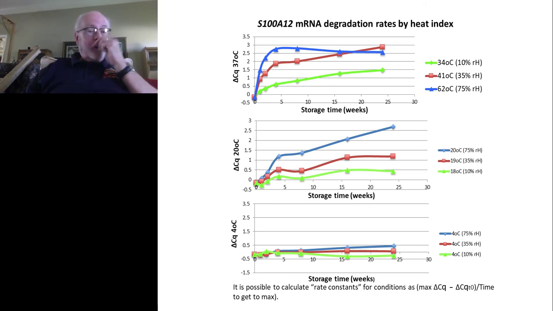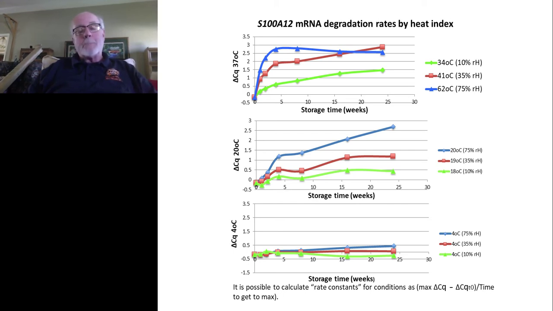Whereas at 20 degrees and 35% humidity, the conditions sort of reflecting what we had in the laboratory, the curve is still increasing out to 6 months of storage, pretty much like we saw previously in our studies with blood stains initially.